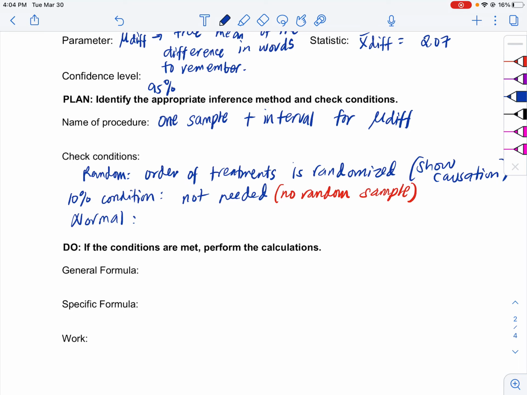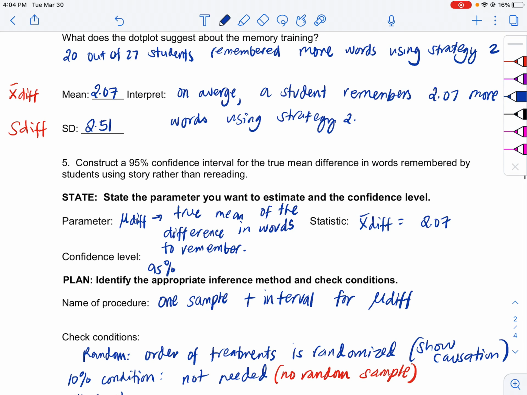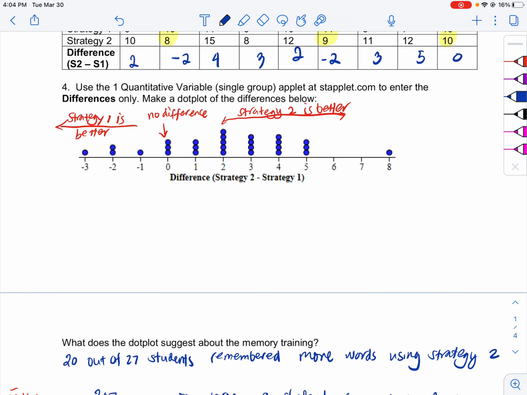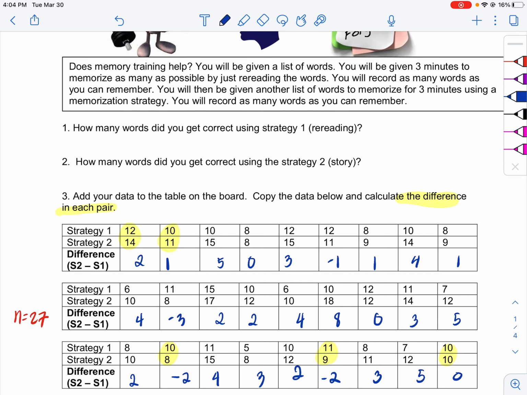Now, let's go back. The population didn't say that it was normal. And CLT can't be used either because our n is not greater than or equal to 30. Our n is only 27.